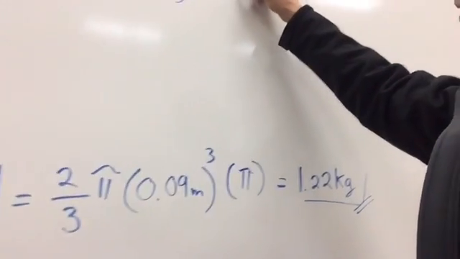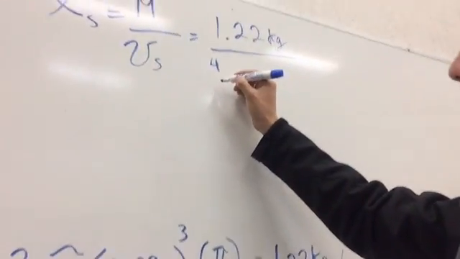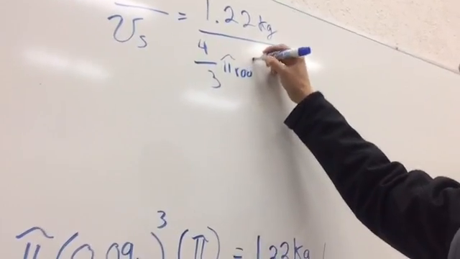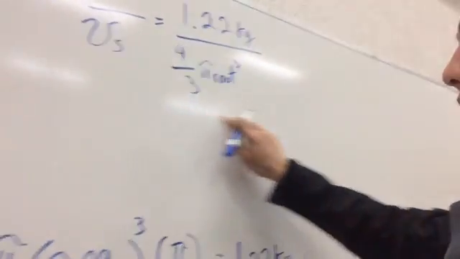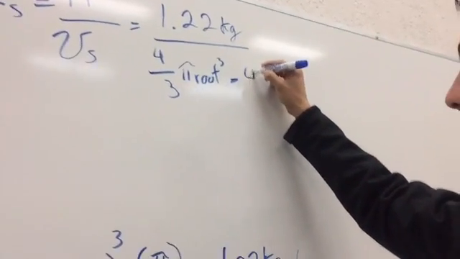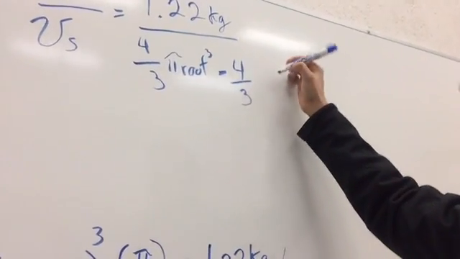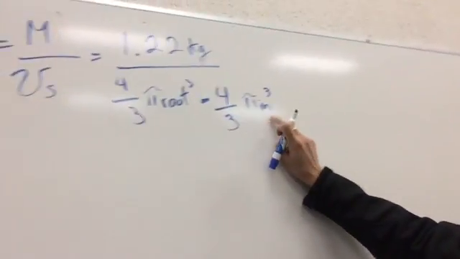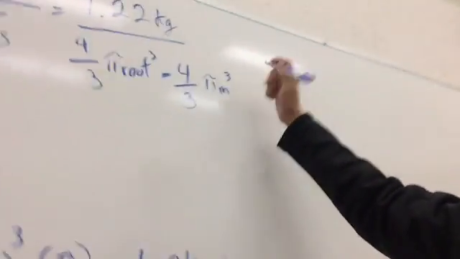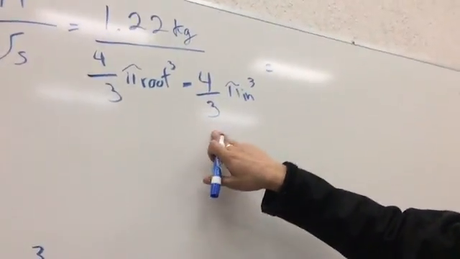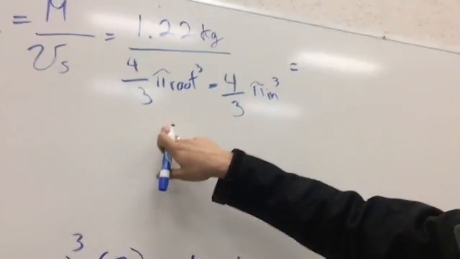So we'll have here 4/3 pi outer radius cubed, that is the formula of the volume, minus, because we are taking out the inner part of the sphere, the inner part of the sphere.